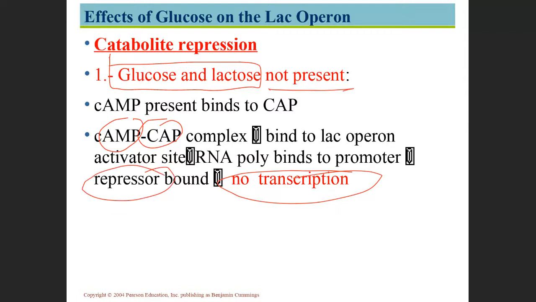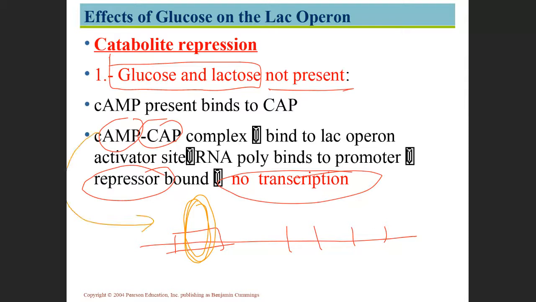So what happens in this instance, so these are the genes, is that RNA polymerase can bind to the promoter. However, the repressor is sitting there, not allowing it to go on. So there is no transcription.